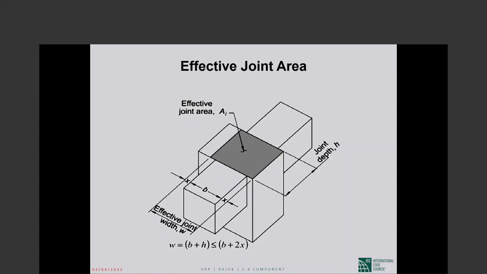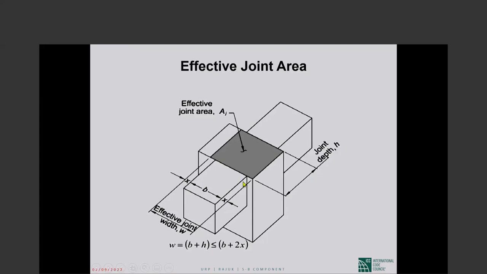But when the beam framing in is narrower than the column as in the picture, the effective joint width is the smaller of two things, either the B plus the H, the beam width plus the joint depth, or B plus twice the shorter distance between the beam face and the column face.